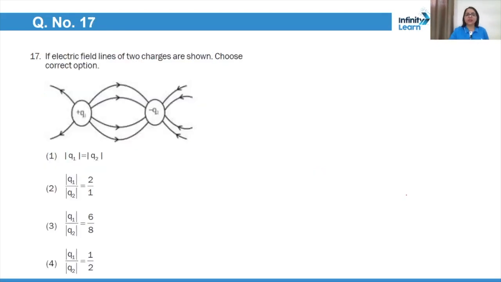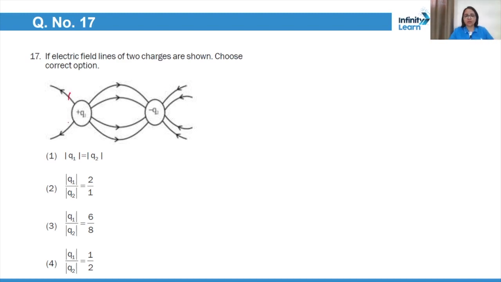Question number 17. If the electric field lines of 2 charges are shown, choose the correct option. So Q1 and Q2 are 2 charges, and you can see the amount of electric field lines leaving or coming to the charge. So the magnitude of charge is directly proportional to the electric field lines, right?